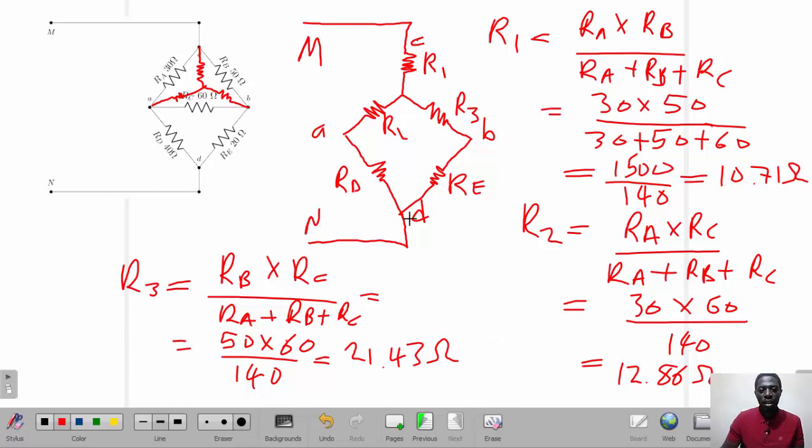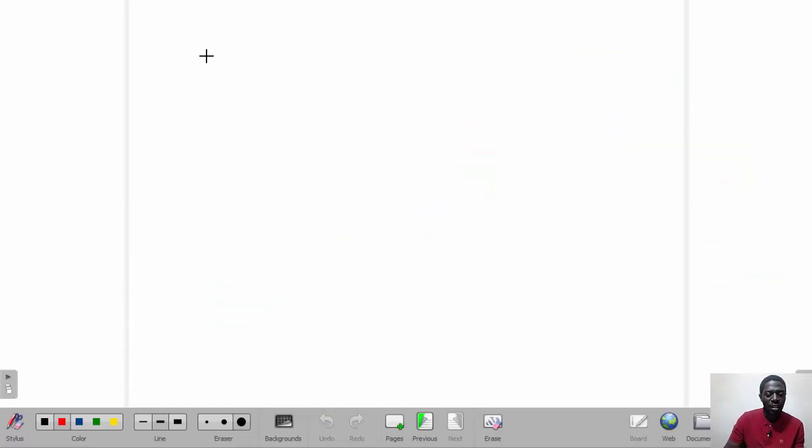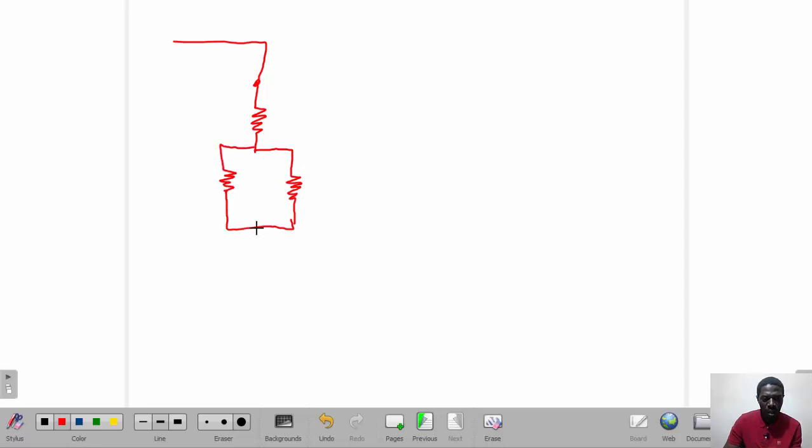Then if we go further, you notice that R3 and RE are in series, and R2 and RD are in series. So series resistances simply add. So what we get in the next is that we've got the node C, we've got the R1, and then we've got two resistances that are now in parallel to each other, like so.